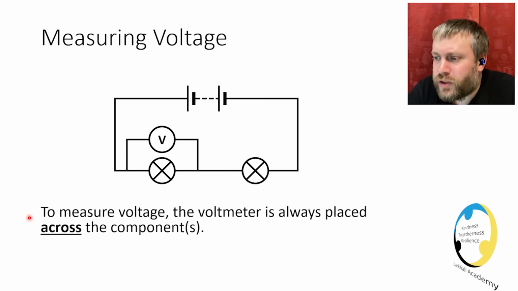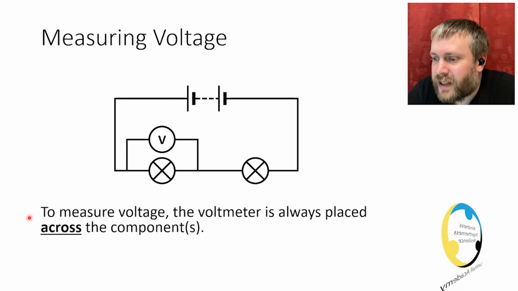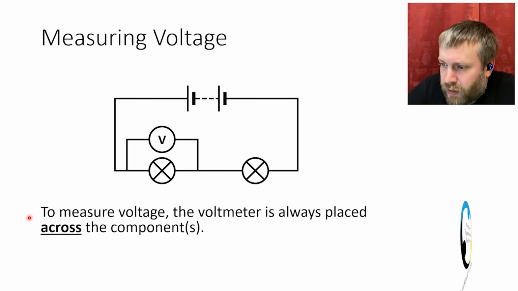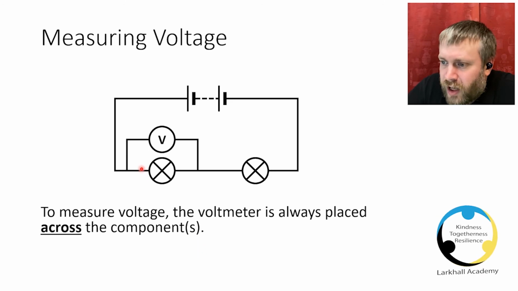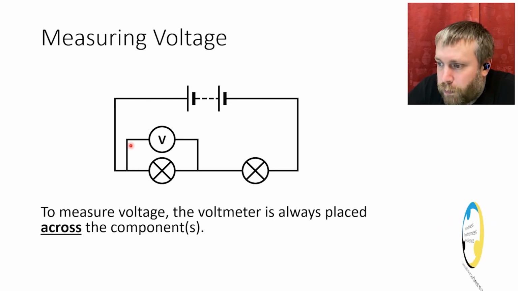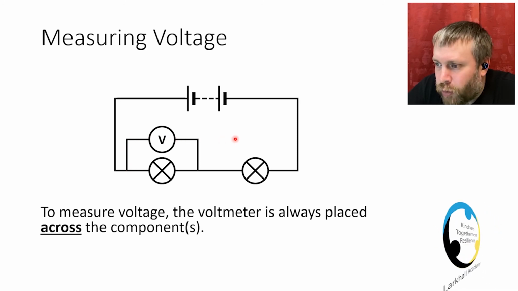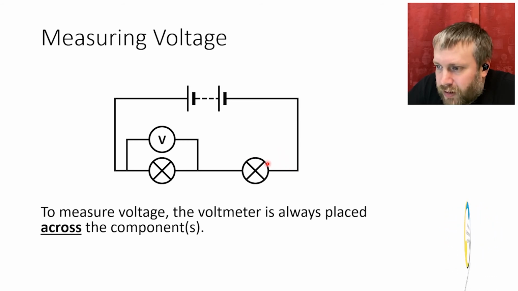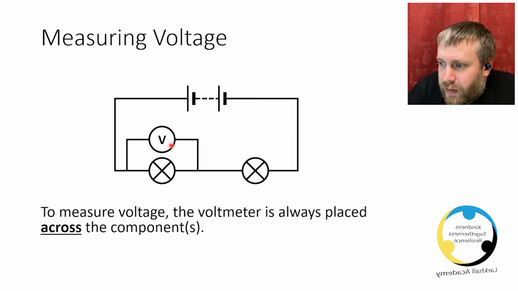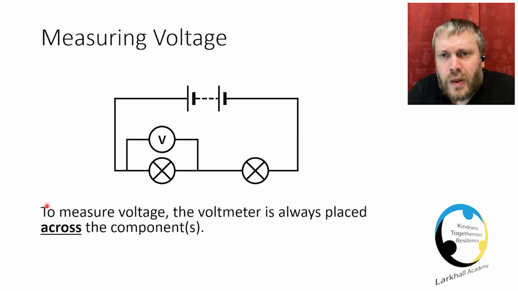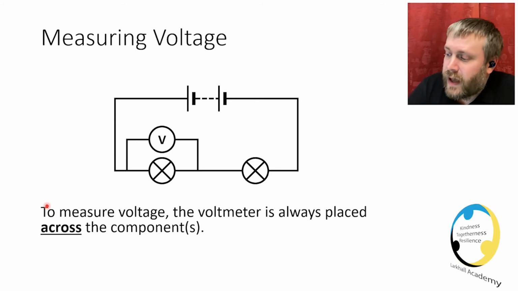So to measure the voltage, the voltmeter is always placed across the component or components, because I put this in brackets here, the VS, because what we could do is put the voltmeter across both of these. So we had one lead coming from here to the voltmeter and the other one from the other side of the voltmeter going all the way along here and down to the other side of this lamp. Then that would give us the voltage across both these lamps at the same time, which sometimes can be quite handy.